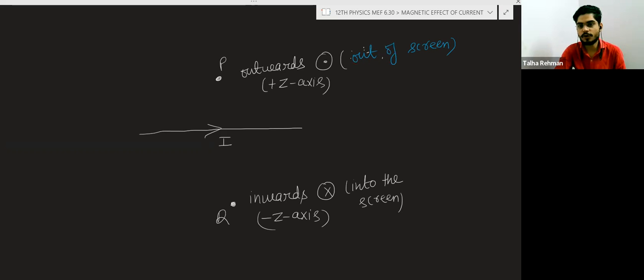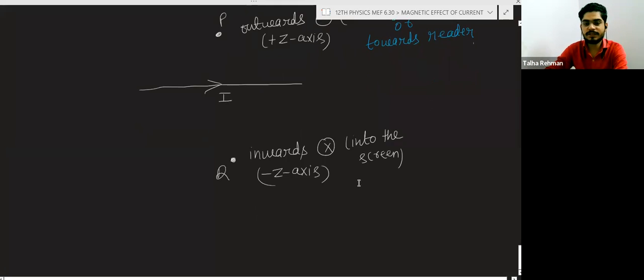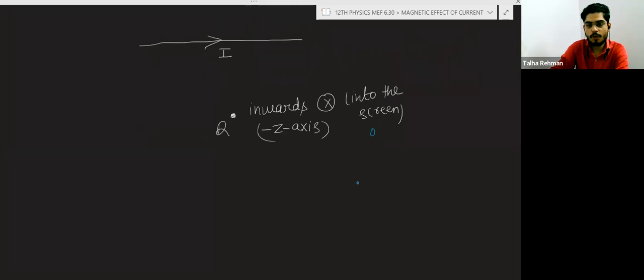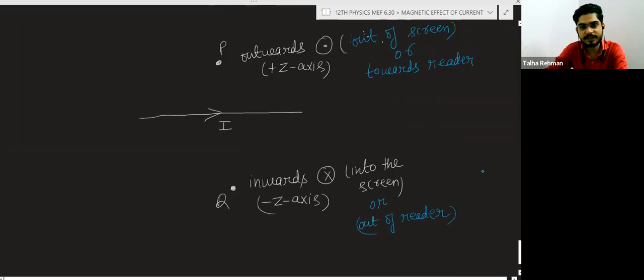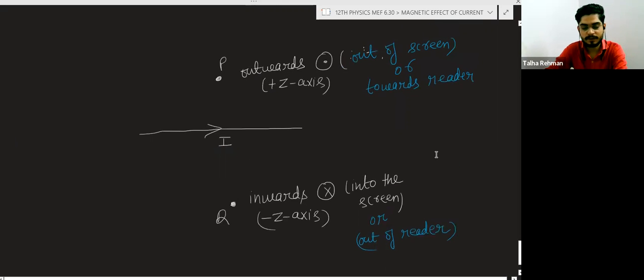Okay, out of the screen, or you can say towards the reader or observer. You are reading, so you are the reader. Into the screen, or you can say away from the reader or observer. So all things about the direction are clear, I think.